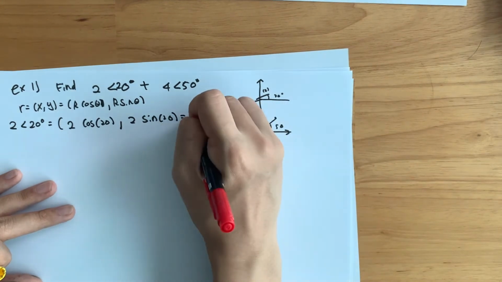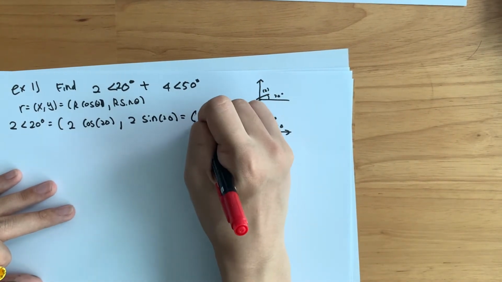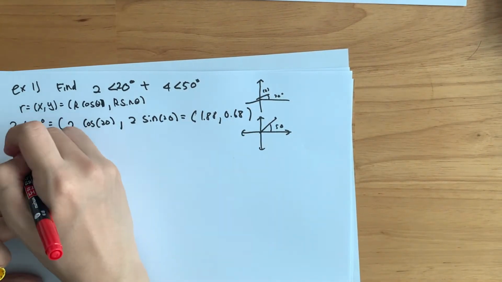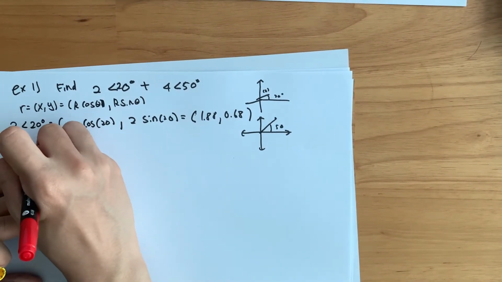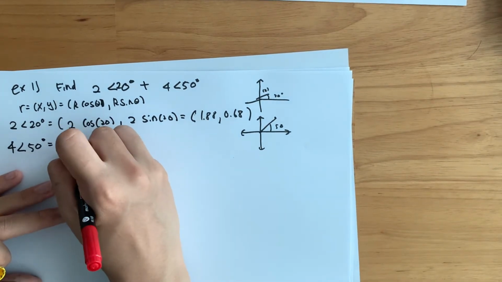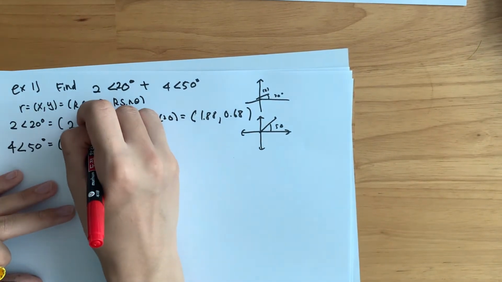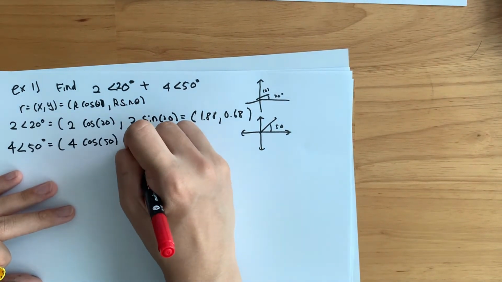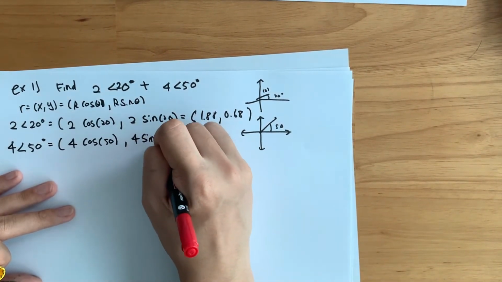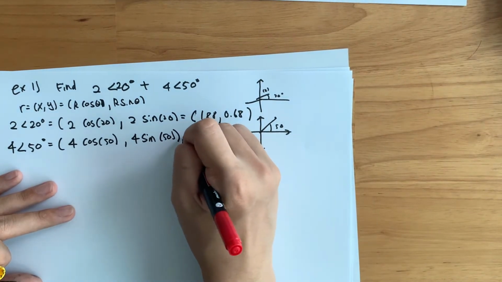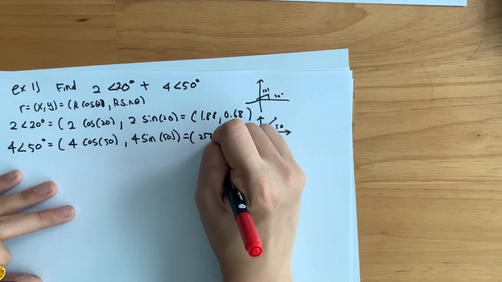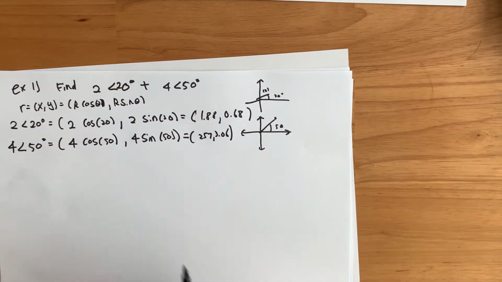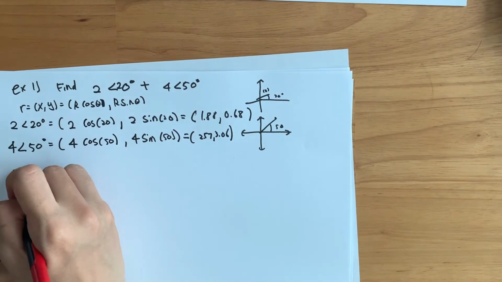I calculated this before: 1.88 and 0.68. And for the second, using the same formula, 4 cosine 50 and 4 sine 50, which equals 2.57 and 3.06.